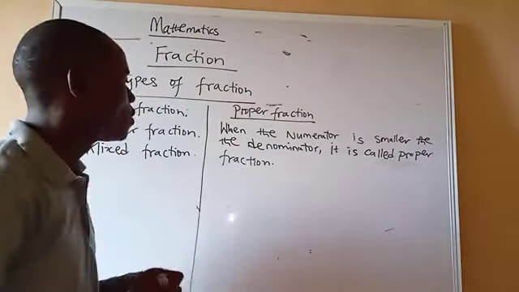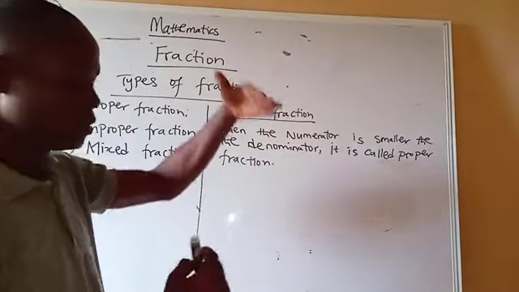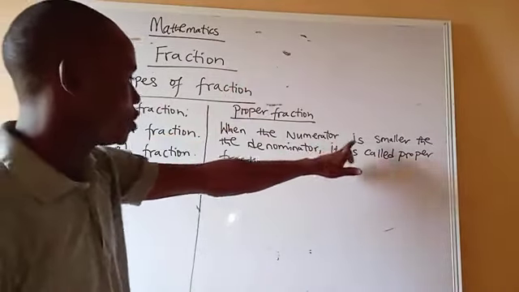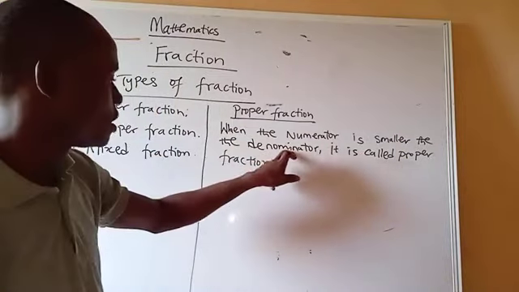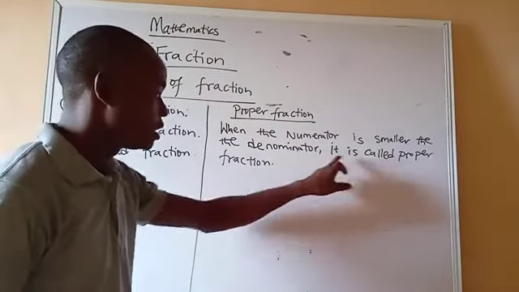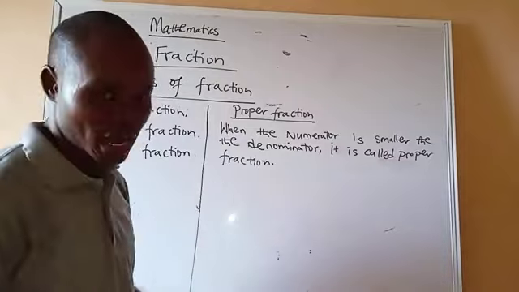Do you understand? When the numerator, that's the number above now at the top, is smaller than the denominator, which is the number below, it is called proper fraction.